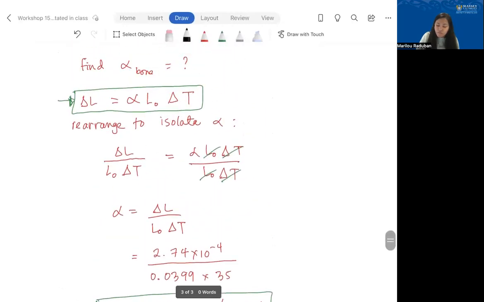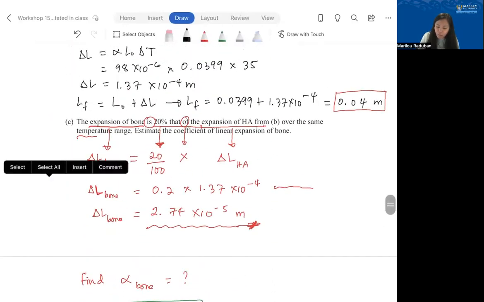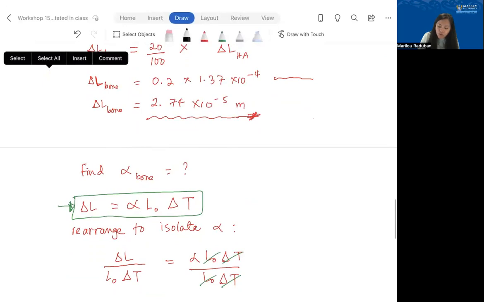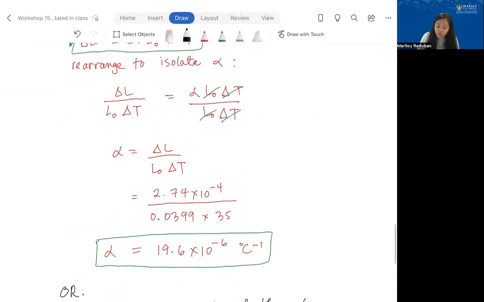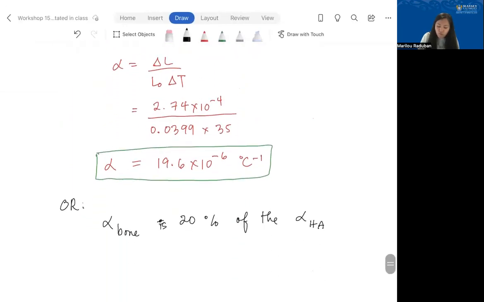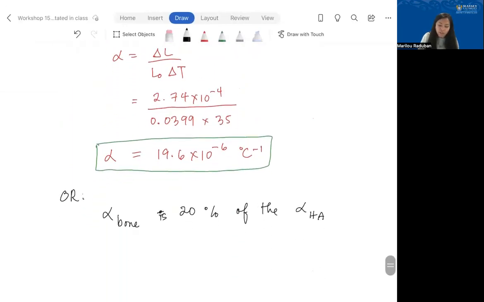What is given in the problem is that the expansion of the bone, delta L, is 20% that of the HA. We've seen from this equation that delta L is directly proportional to alpha, so if delta L is 20%, then alpha should also be 20%. So alpha for the bone should be 20% of the alpha for HA.